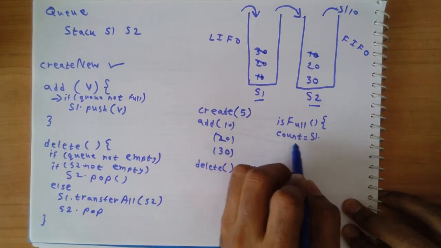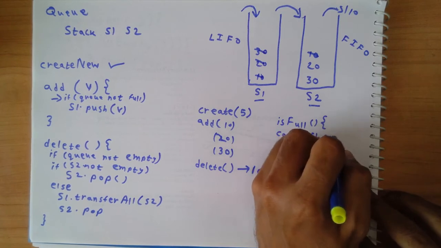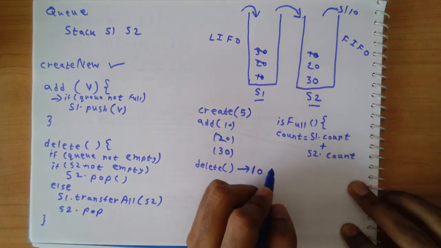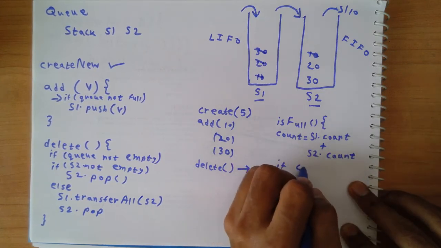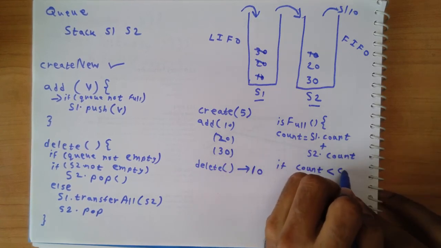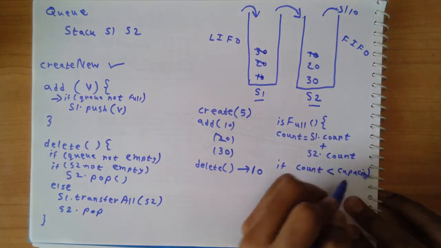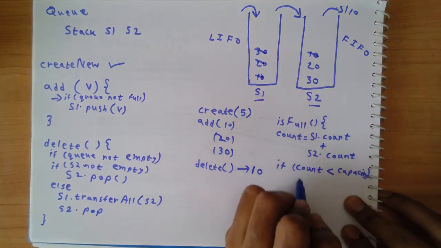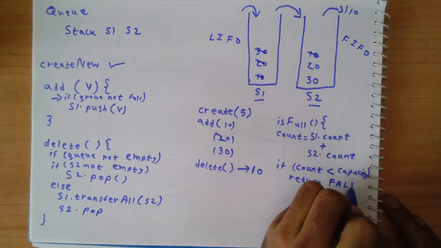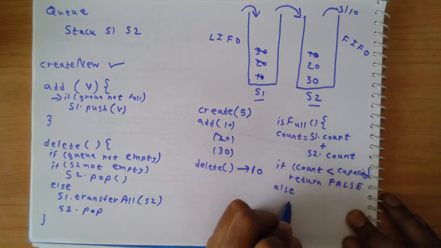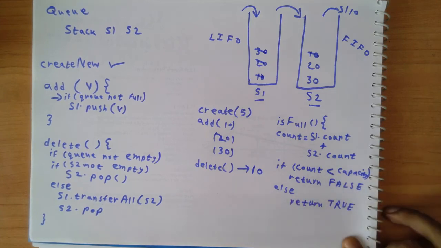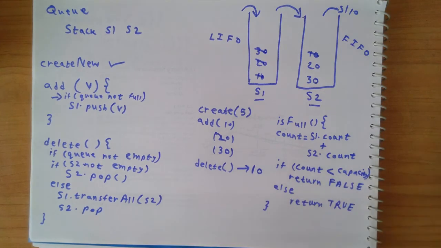So count is equal to s1.count plus s2.count, and if this count is less than the capacity of our queue, in that case it is not full, so we'll return false. Otherwise we have to return true. So that's how my full operation will work.